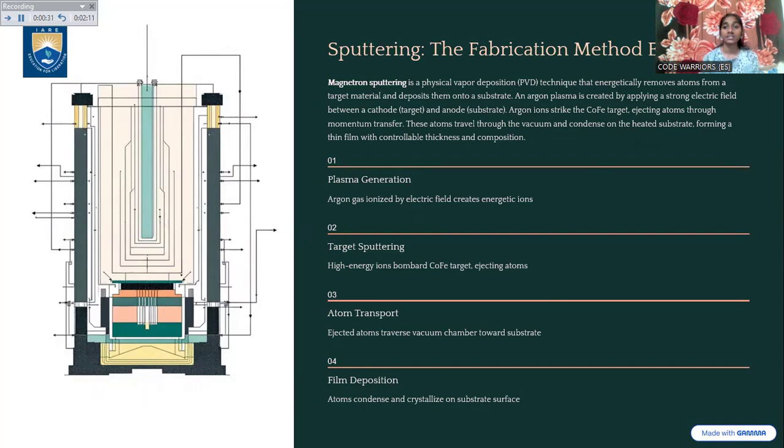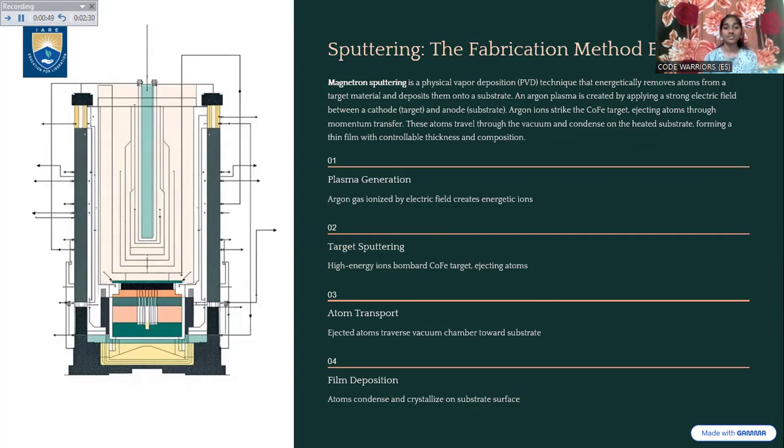Argon ions strike the CoFe target, ejecting atoms through momentum transfer. These atoms travel through the vacuum and condense on the heated substrate, forming a thin film with controllable thickness and composition.